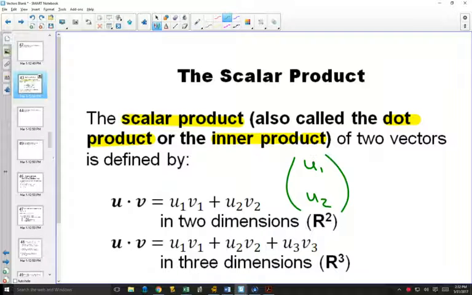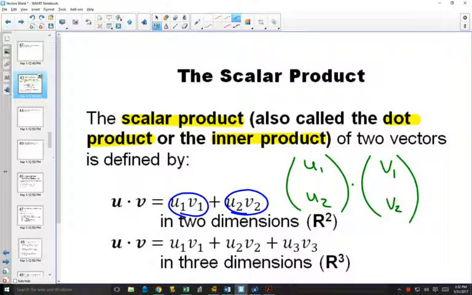If this is vector u, written as a column vector with two elements u1 and u2, and this is vector v, v1 and v2, well, the dot product, all you're going to do is multiply the corresponding elements. So u1 gets multiplied with v1, u2 gets multiplied with v2, and you add them together.